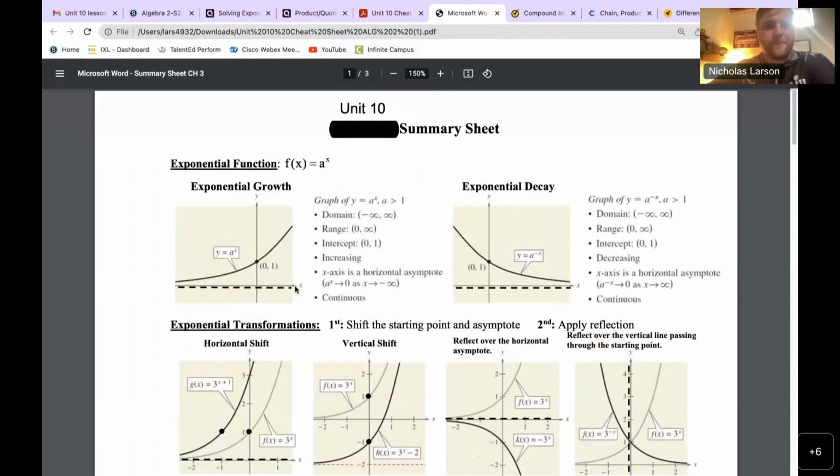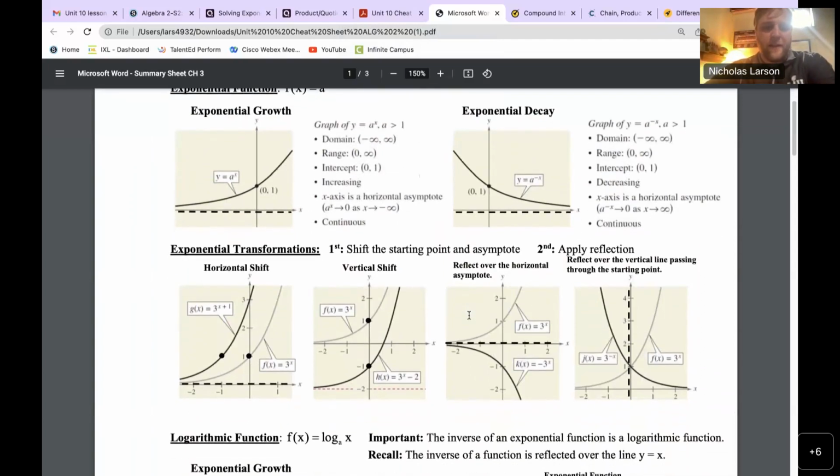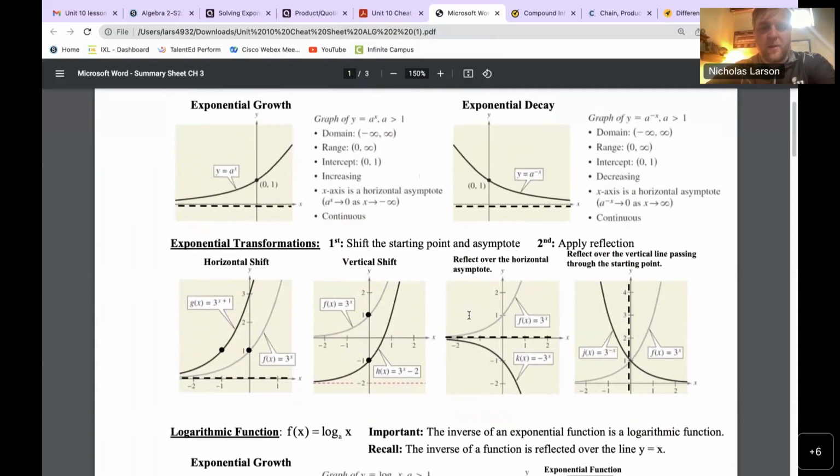So you would want to say that this is the line y equals 0. Y equals 0 is a horizontal line, so you have to label your asymptotes. When we get to a problem with a vertical shift, where now my asymptote is y equals -2, okay, this is y equals -2.